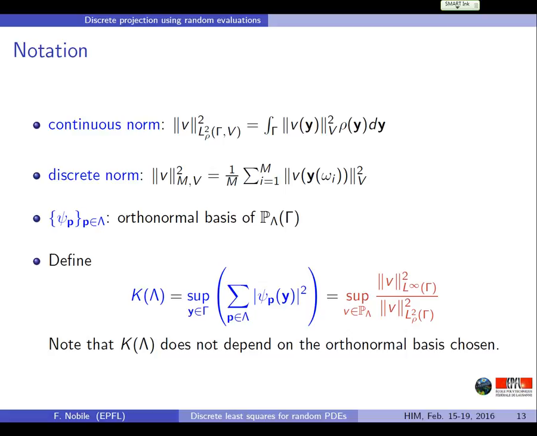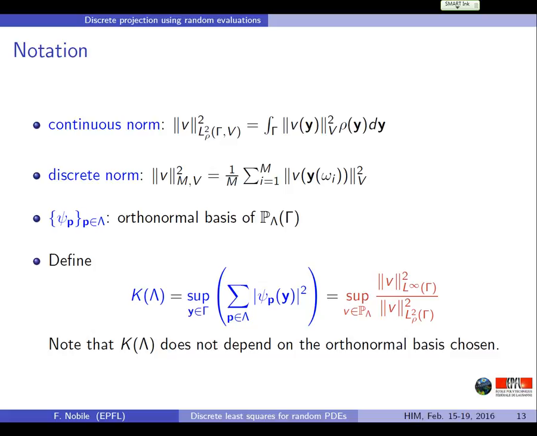I assume that I have an orthonormal basis of the polynomial space that I call psi_p, where p is in this index set, so that I can expand the solution on this basis. And one last quantity that will appear often later on is this kappa of lambda.